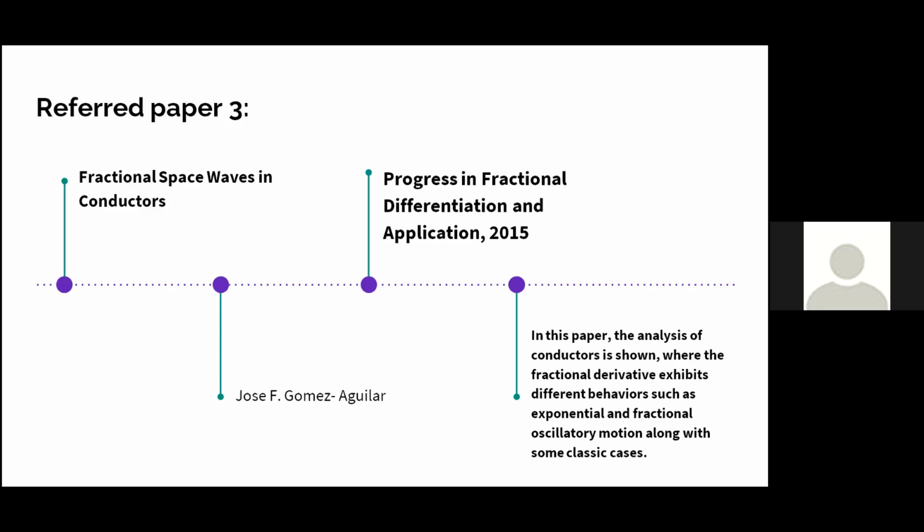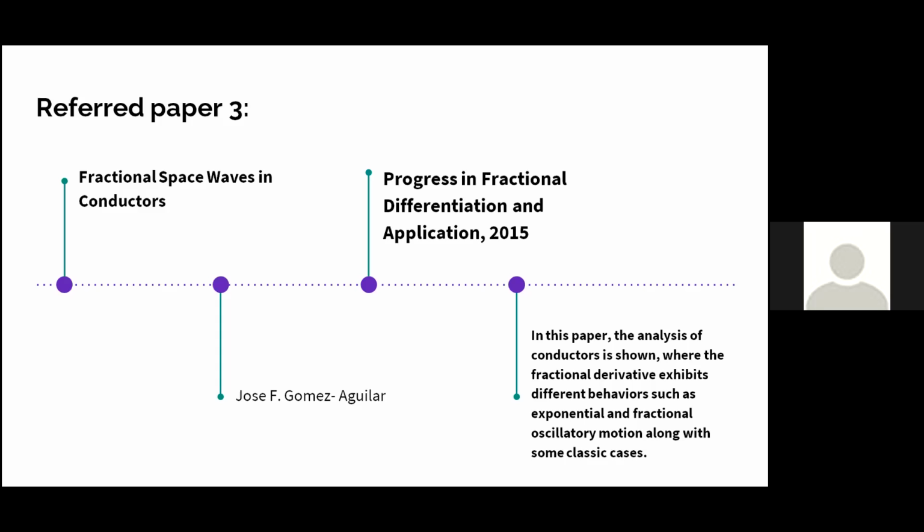When we go through this paper, we come across various mathematical models which helped us in the better understanding of Maxwell's equations and the various basic electrical formulas that we can use in space for electromagnetic studies.